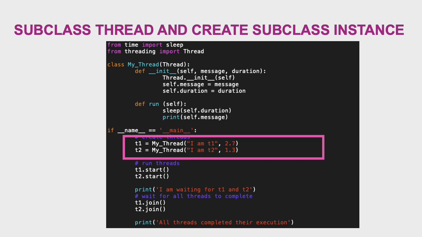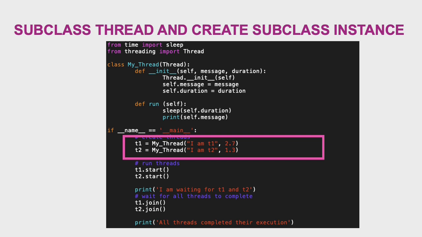We pass in, first of all, a message and a number, a duration in seconds. So the message for the first thread is "I am T1", and the duration is 2.7 seconds. For the second thread, the message is "I am T2", and the duration is 1.3 seconds.